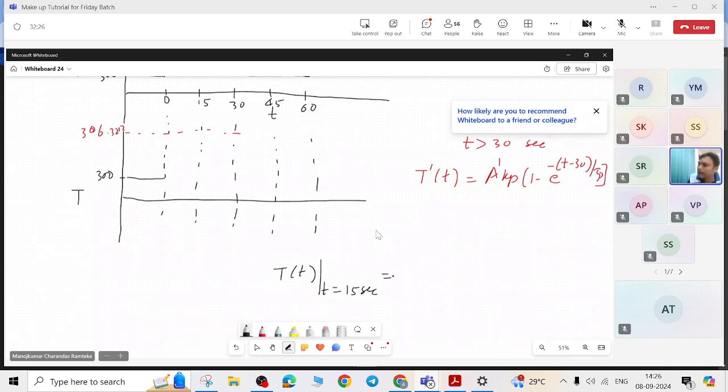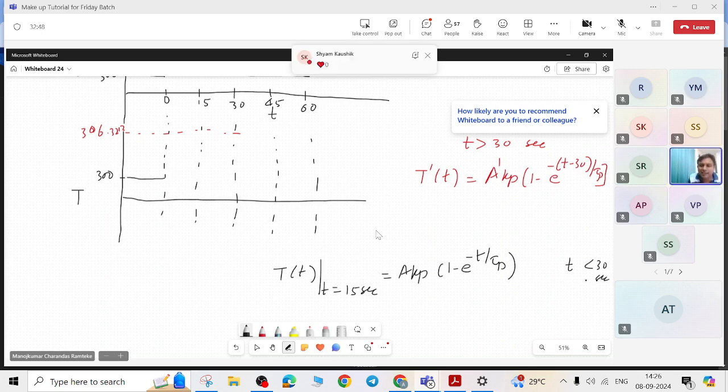So that will be A Kp times 1 minus e raised to the power minus t by tau P. This expression is valid when t is less than 30 seconds, correct? So with this, we can write down 10 into 1 minus e raised to the power minus 15 divided by 30.